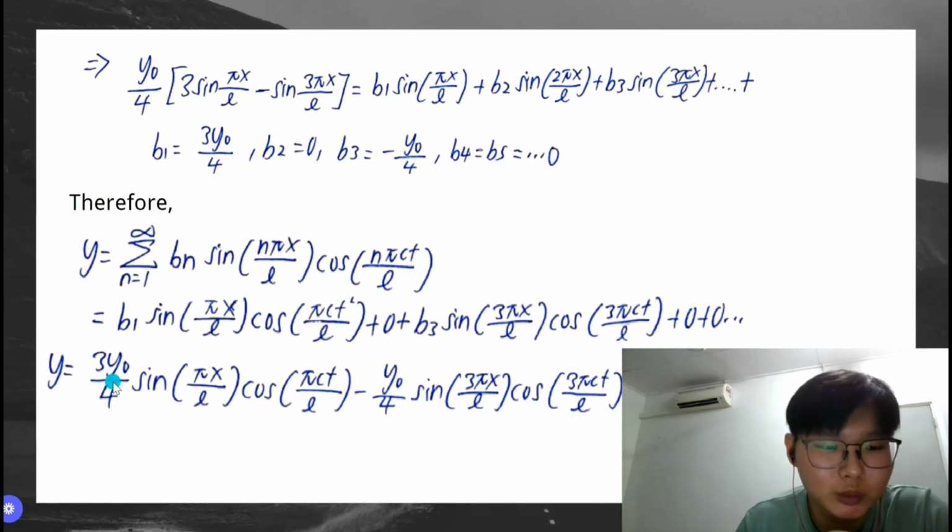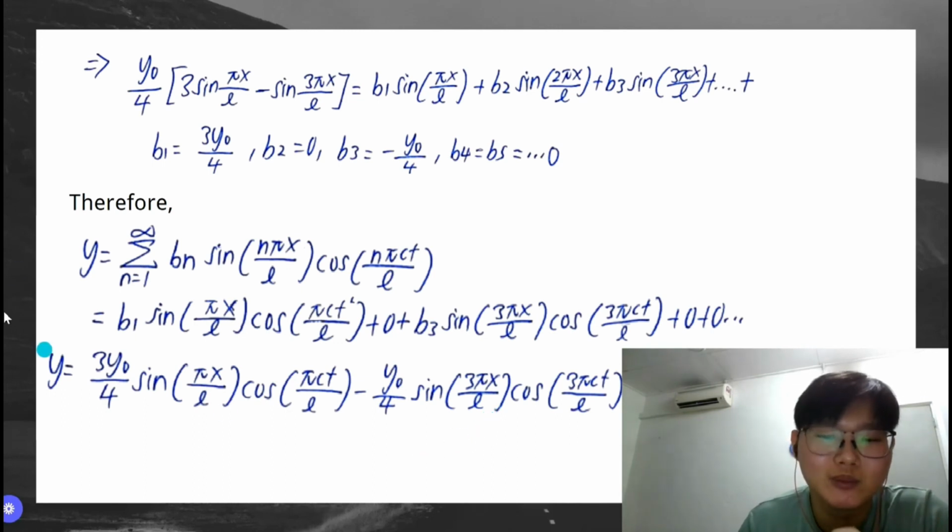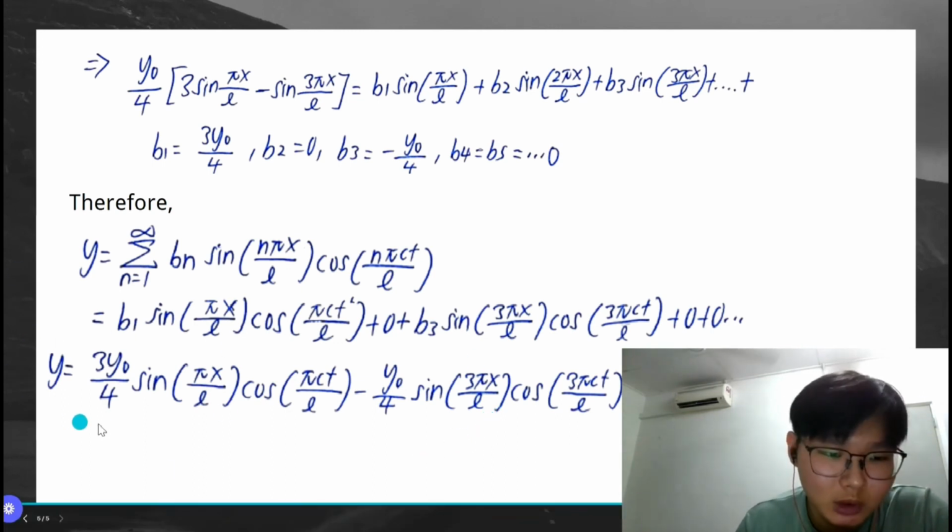So y equals 3y naught divided by 4 sin(pi s divided by L) cos(pi ct divided by L) minus y naught divided by 4 sin(3 pi s divided by L) cos(3 pi ct divided by L). At last, this is our final answer for y as a function of s and t.